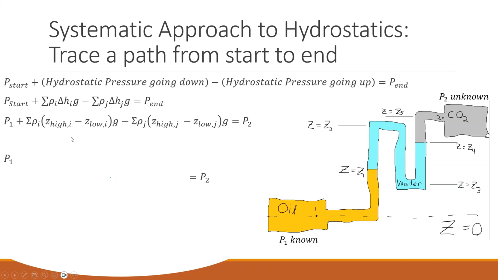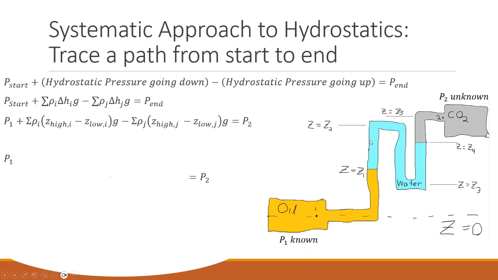So for me personally, I just have Z high minus Z low, no matter if I'm going up or down, and the sign out front is determined by whether I'm going down, I gain pressure. If I go up, I lose pressure, right?